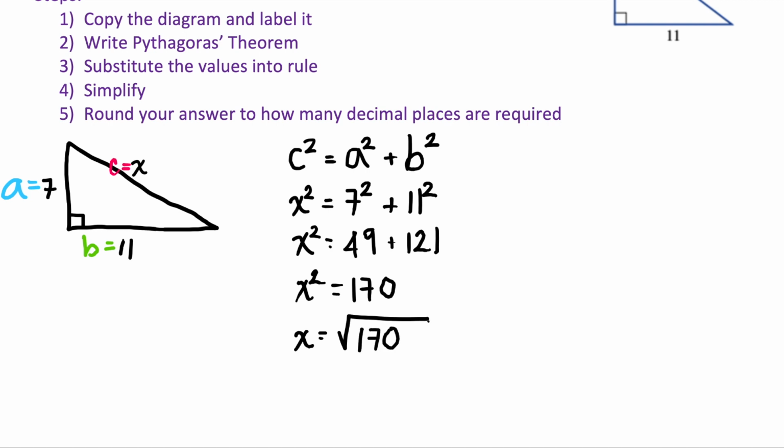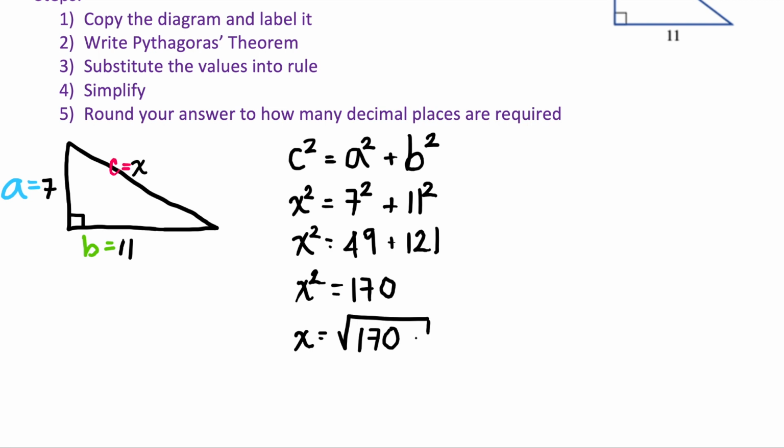Perfect. Remember that if in your CAS you write the square root of 170 and you press enter, it's going to give you the exact answer, which in this case, because it cannot be simplified any further, is the square root of 170.